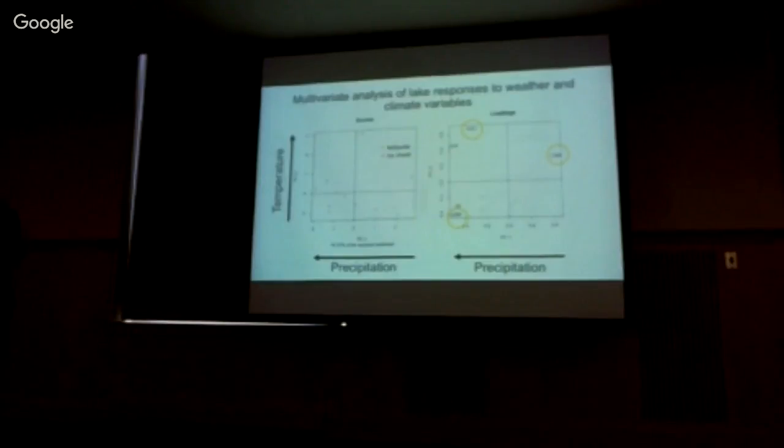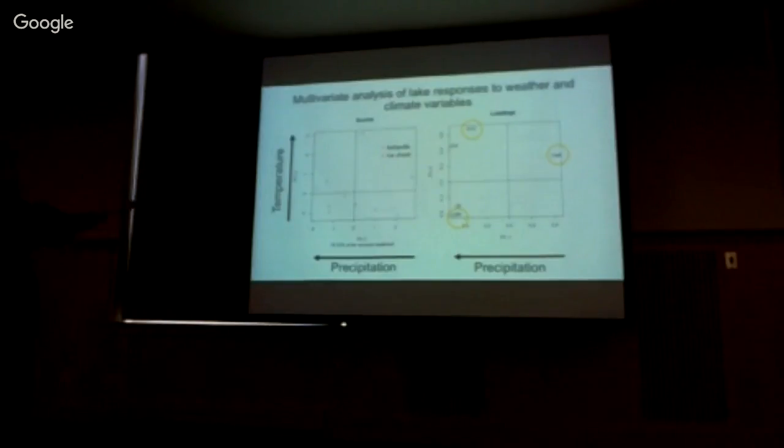So we did a multivariate analysis called principal components analysis, or PCA. We did one for the lake variables and one for the weather variables. And we correlated the first and second principal components for each. And what we found was that DOC was strongly impacted by temperature variables, while A380 and PAR were strongly affected by precipitation variables.